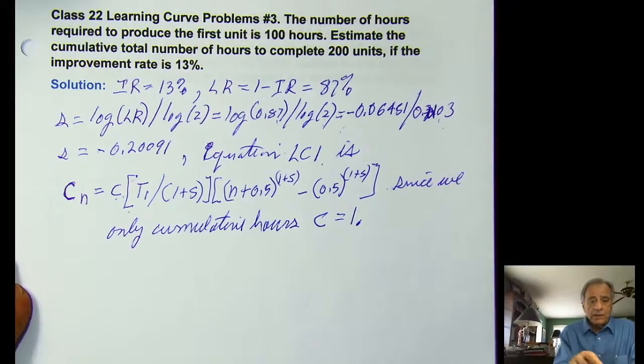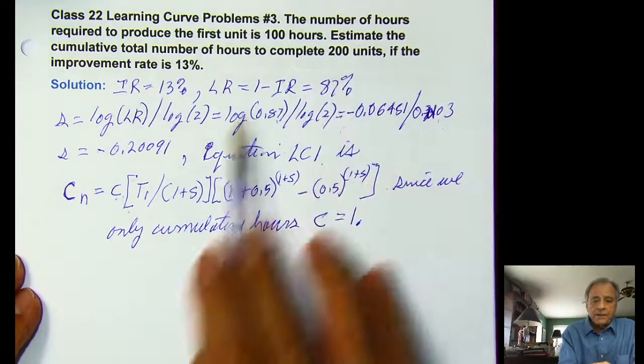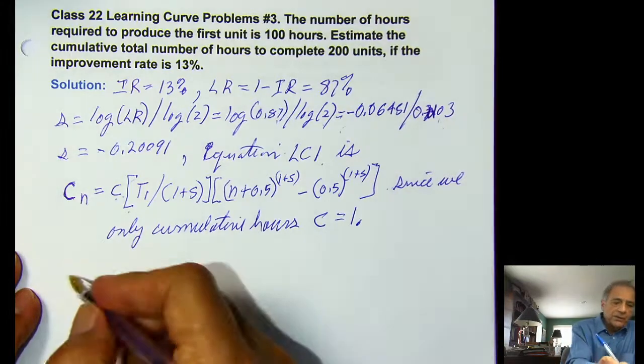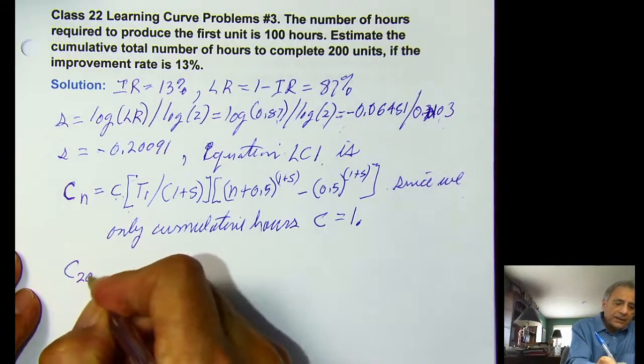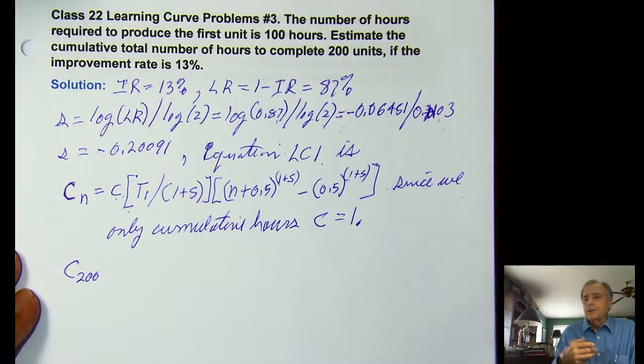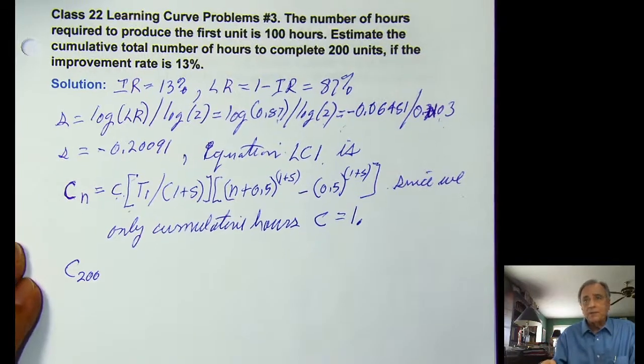So what we're looking for here is C200. That is the cumulative cost for 200 units. And we'd like to get it without calculating the number of hours for unit 1, unit 2, 3, 4, all the way up to 200, and then adding them all up together.